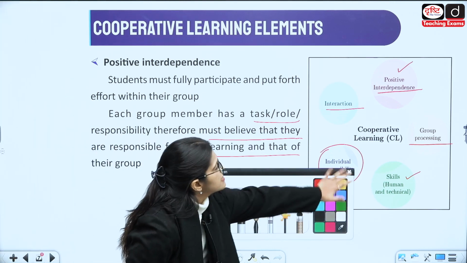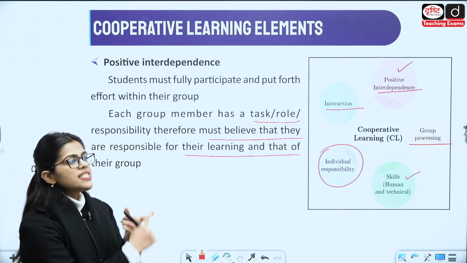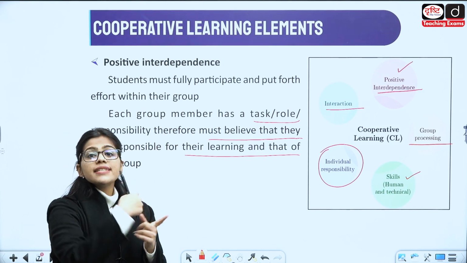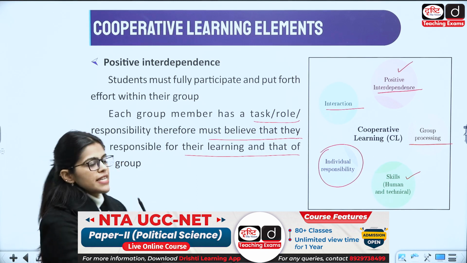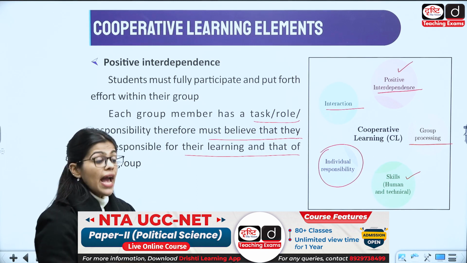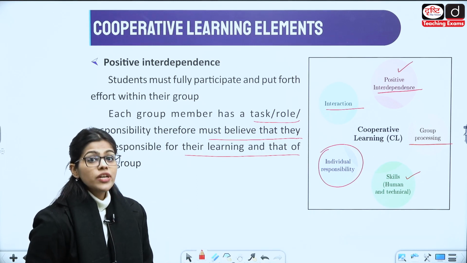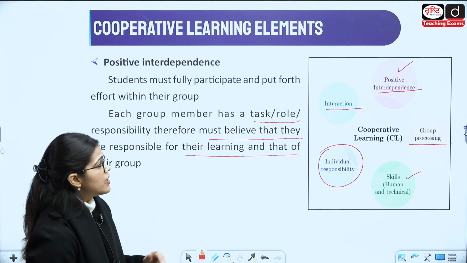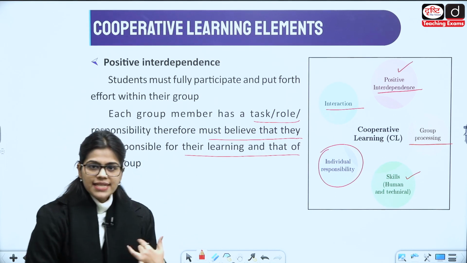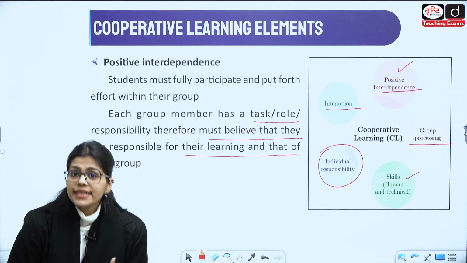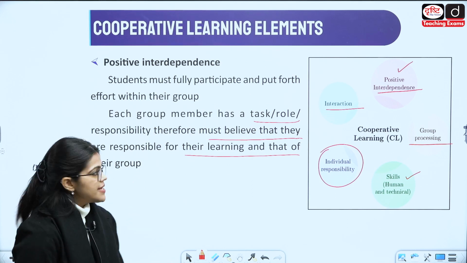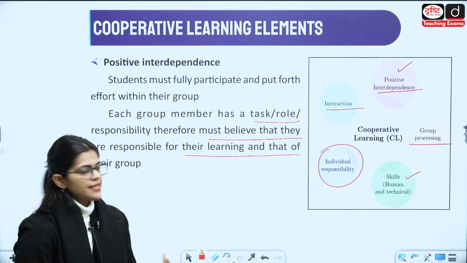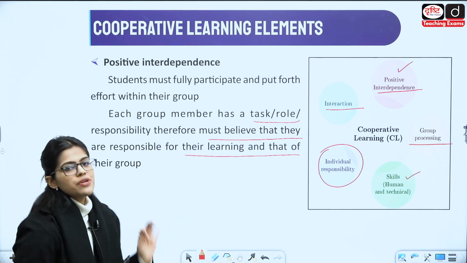We have these 5 elements. That's the positive interdependence. You are interdependent with one another in a very positive manner. There's a face-to-face interaction that is happening, and you are going to push one another forward to do exceptionally well. There is group processing that is happening. You have to be a group leader and work with the group as well. Then there are skills that are needed. These are the human and technical skills. Then comes the individual responsibility.